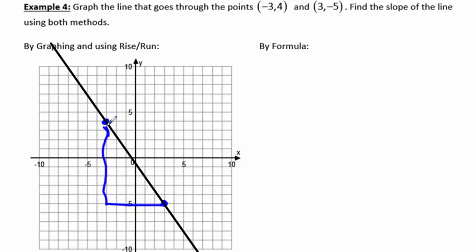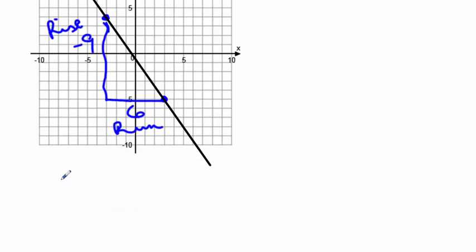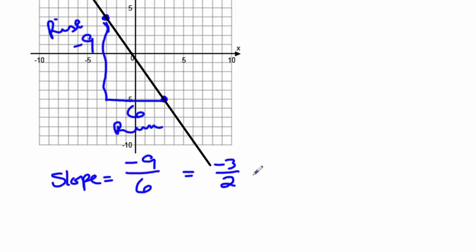This one goes down, if you count that, 9 units. Down 9 units is going to be -9 for the rise, and over 6 units if you count the distance between these two. So by this method, our slope is -9/6, or if I reduce that fraction, -3/2.